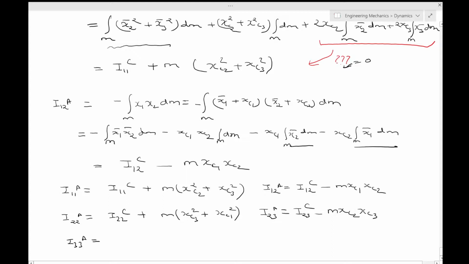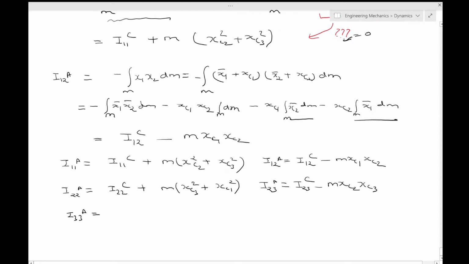Okay, this is equal to I33 of C plus m of (xc1 square plus xc2 square). I31 of A is equal to I31 of C minus m xc3 xc1.